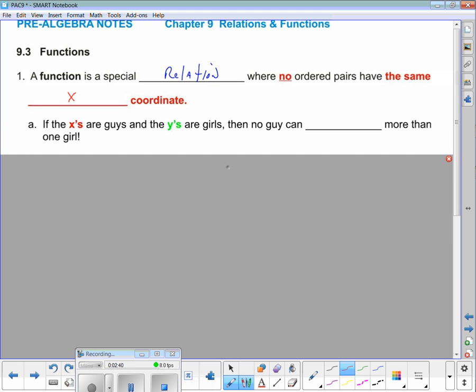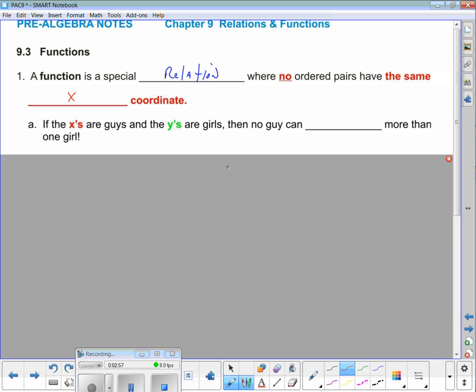So let me put that in common everyday language. All right? We've been doing our ordered pairs. The x's are the guys, and the y's are the girls. All right? Because God created Adam first, then he created Eve. So we got the guys, then the girls.